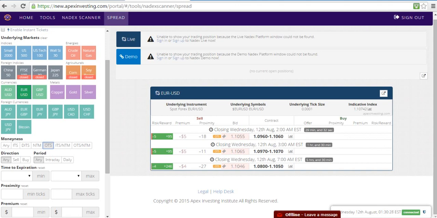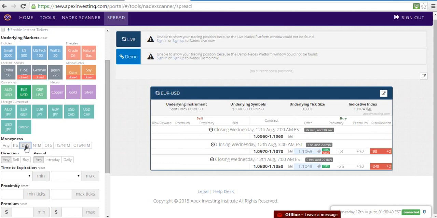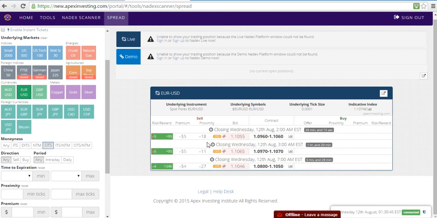Once again, you have 1060, 1070, and 1050, but the market's up here at 1074. So it all depends on where the market is at the current time as far as what results you're going to see, deep in the spread on the buy side or out of the spread on the sell side.